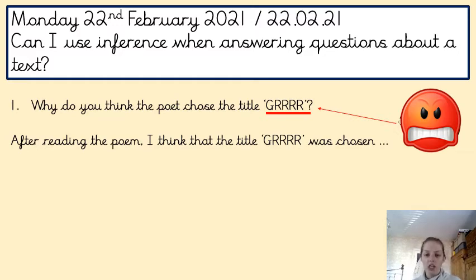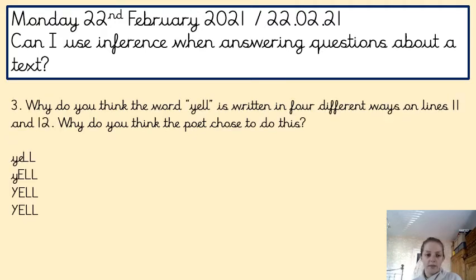What emotion do we associate with the sound Grrr? Okay, so have a think and give it a go. Now use that stem sentence there to help you. Remember, we are still working on developing our sentences when we come to answer our comprehension questions.